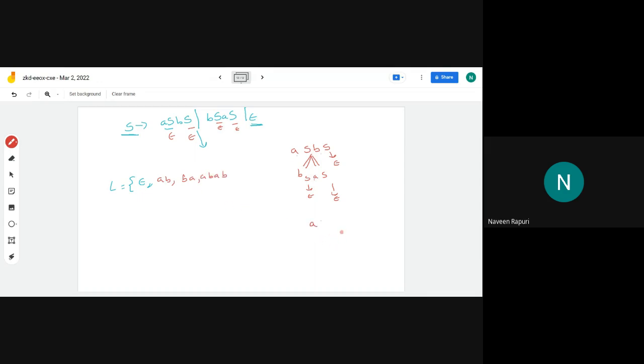Or else A S B S. Suppose here if you place again A B A S B S, so that is A, B, B also accepted.